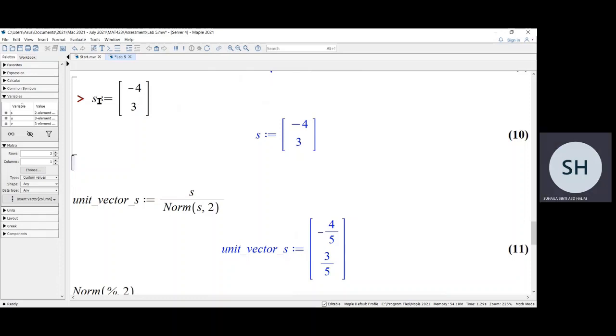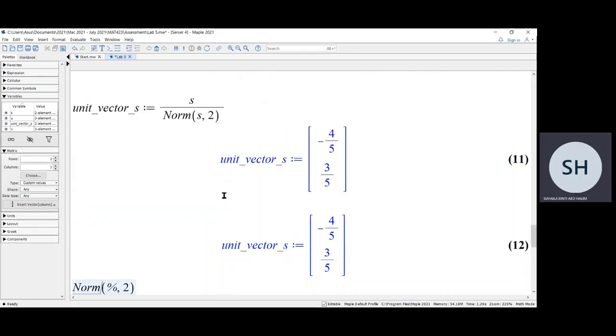We define a new vector in R2, which is -4, 3, and then we want to find the unit vector of it. The unit vector is the vector divided by its norm, the magnitude of it. So the unit vector of S is S over the norm of S, where the norm of S is the magnitude of vector S. When we calculate this, we will get -4/5 and 3/5.